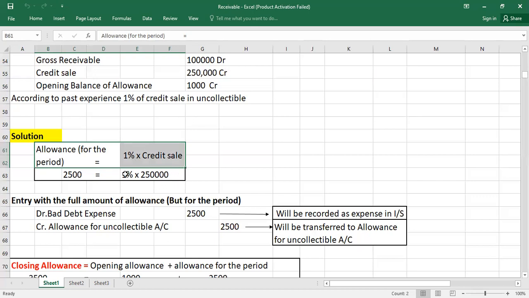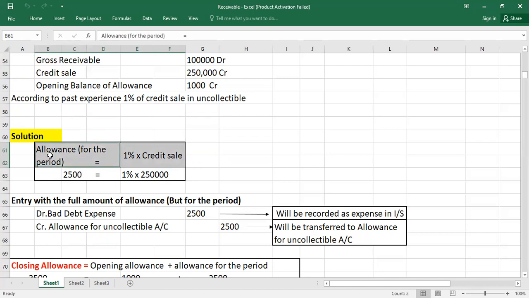In the question, credit sales is given as $250,000. If you take 1% of that, this will give you $2,500. Don't forget, this is the allowance for the period, because credit sales is for the current period.